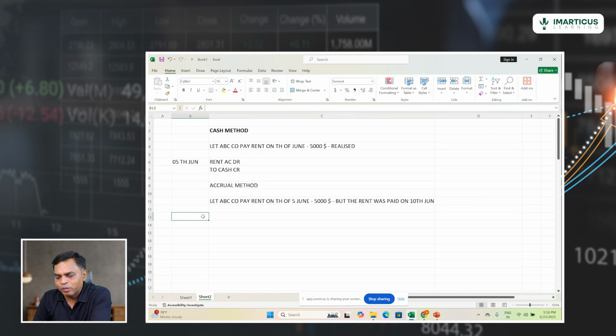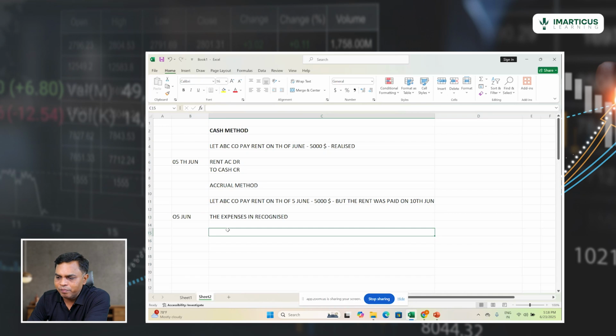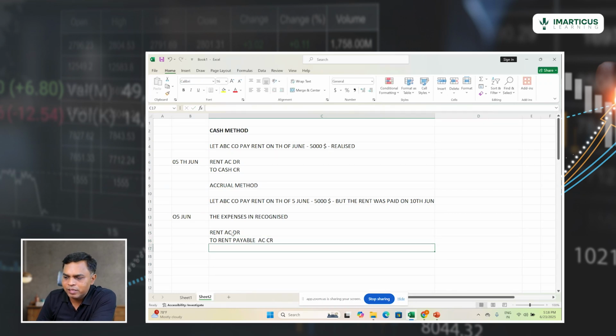In the accrual method, on the 5th of June, the expense is recognized. When the expense is recognized, the entry needs to be made. On the 5th of June, the company will pass rent account debit to rent payable account credit. The entry says rent payable because the rent is not yet paid, but the expenditure is recognized.